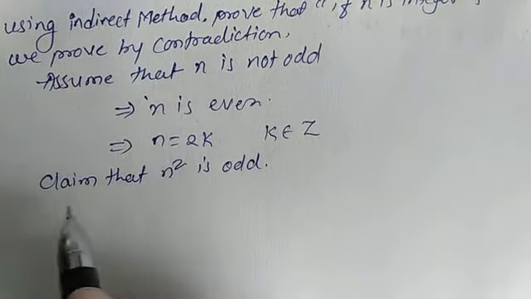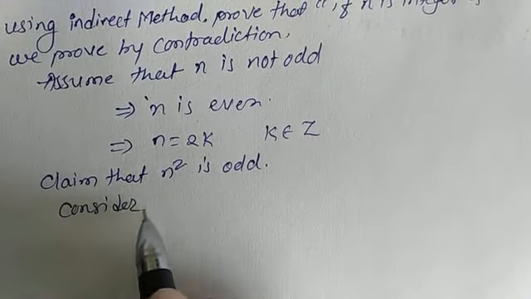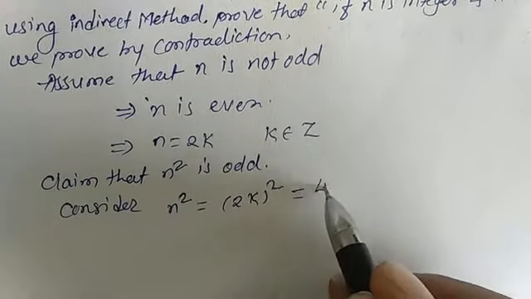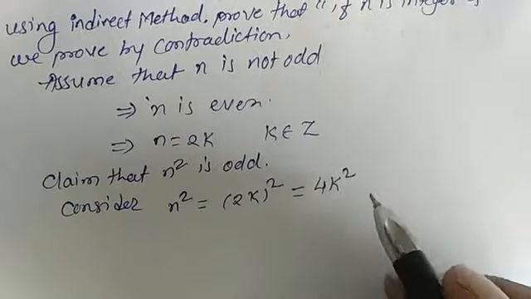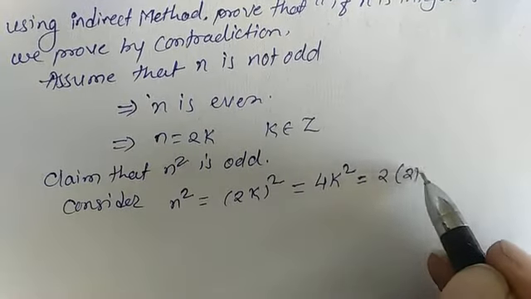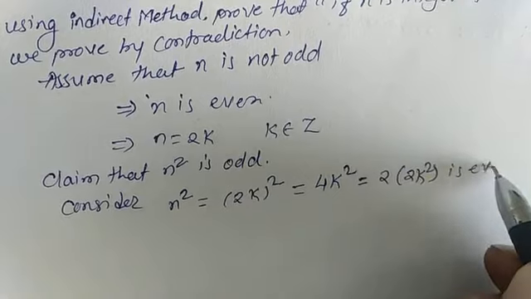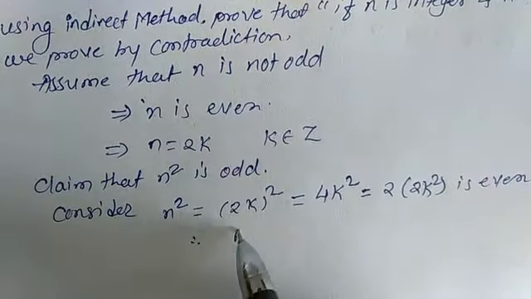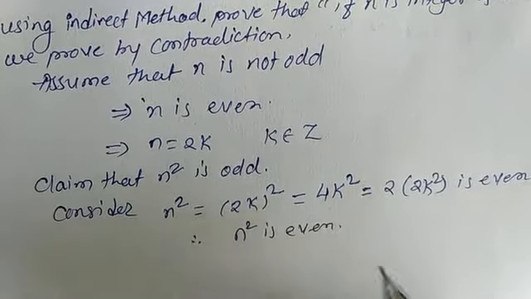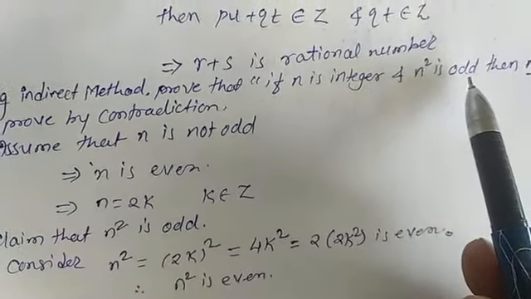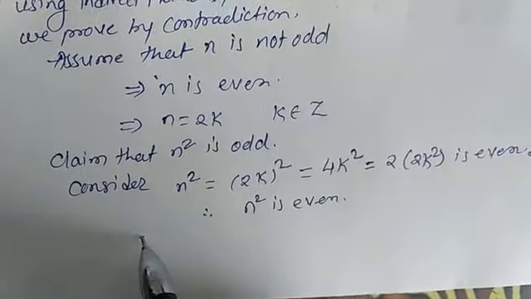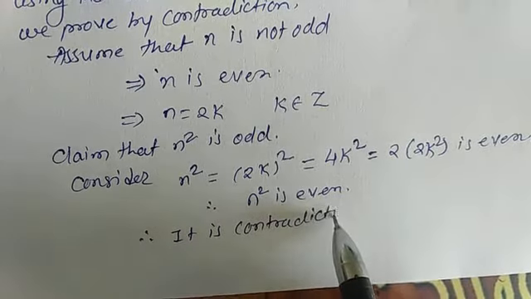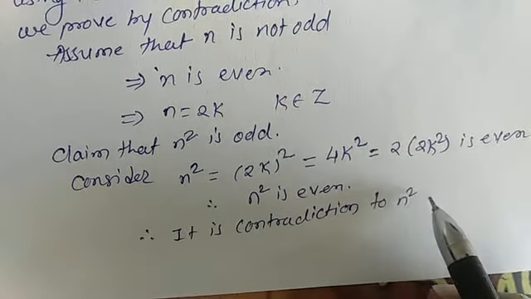Consider n square is equal to twice k whole square, which is equal to 4k square, which can be written as 2 into twice k square, which is even, because the square of an even number is again even. Therefore n square is even. But in the question it is given that n square is odd. Therefore it is a contradiction to n square is odd.